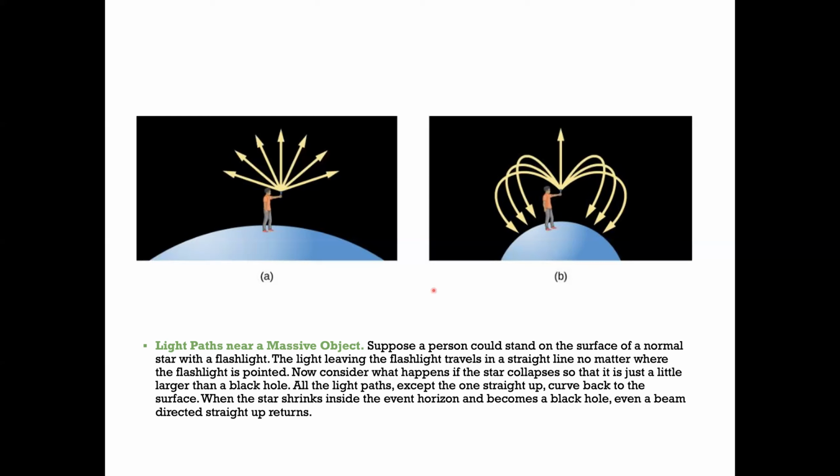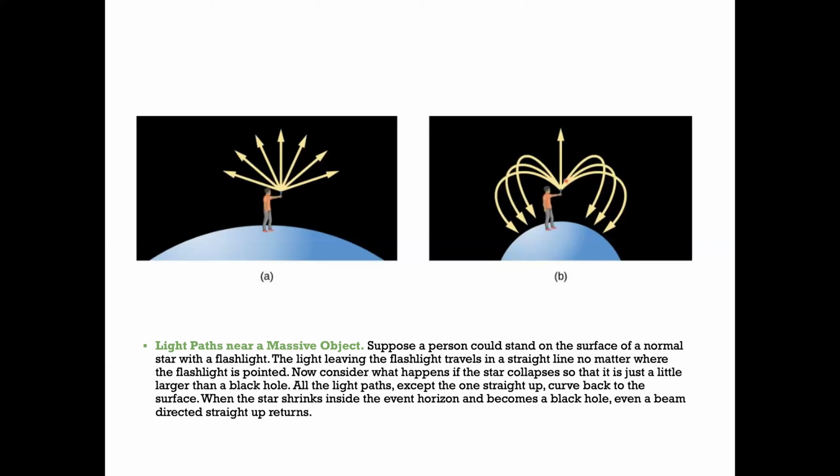Now consider a star that collapses so that it is just a little larger than a black hole, right? So something like this, picture B, an object which is a little bit larger than a black hole. Now what has happened is all the light except the one straight up curved back to the surface.